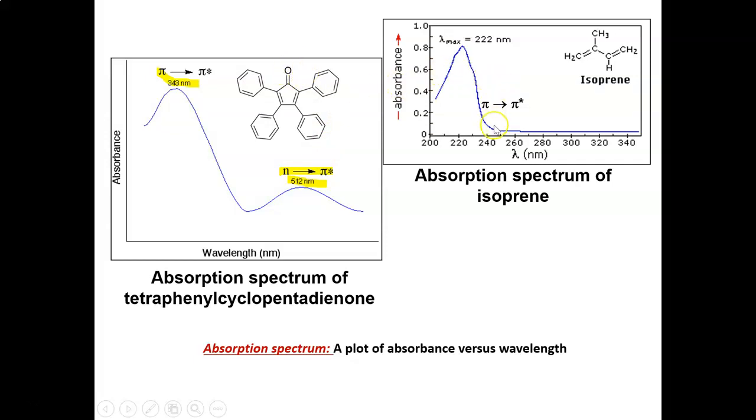This is for isoprene. Isoprene has only pi bonds and no heteroatom, so we only have one peak here. This other one has two peaks, one pi to pi star and one n to pi star. From the spectrum, we can use it for qualitative analysis.